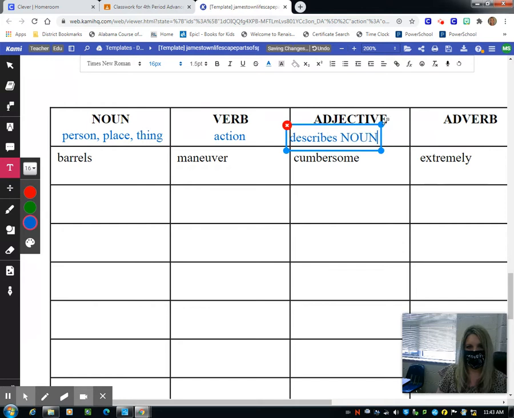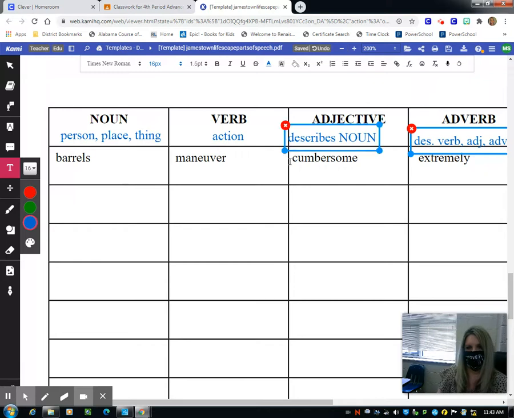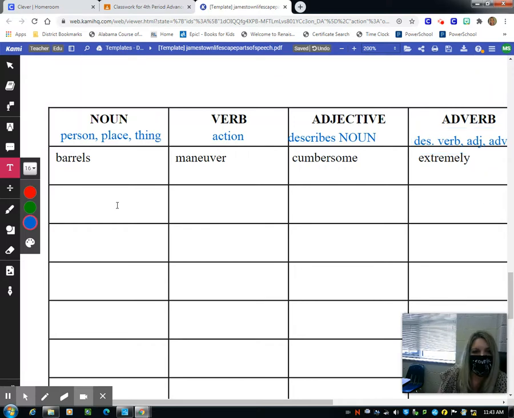And an adverb describes verb, adjective, or adverb. Okay? All right, so we said actions maneuver, and then this has got to describe the barrels or the noun, the cumbersome barrels, which means heavy, hard to carry.